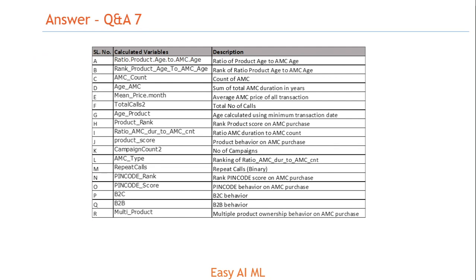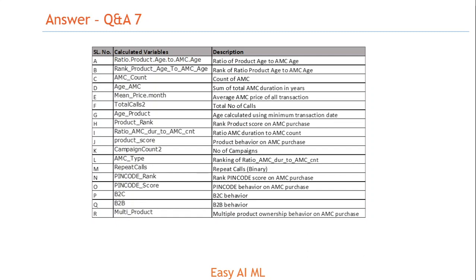So let us see. There are certain ratios, there are certain calculated variables. Ratio: product age to AMC age. So that means if product is 7 years old, suppose AMC starts after 2 years, 2 years AMC free with the product, then how many times has this AMC been taken?